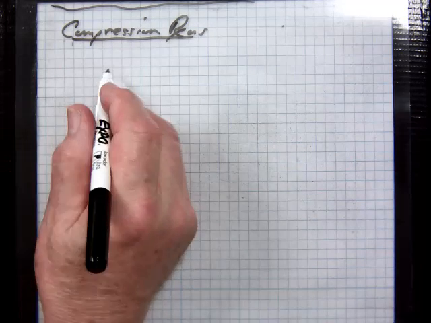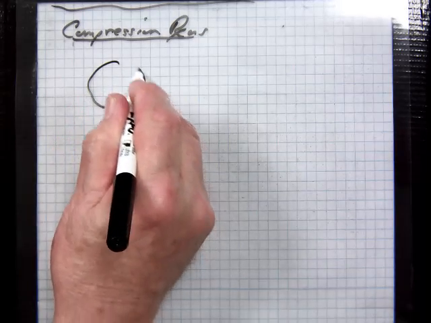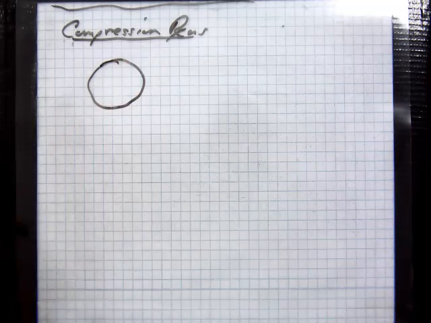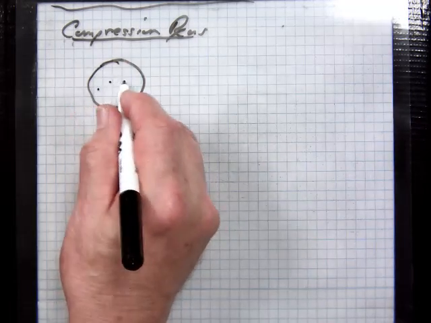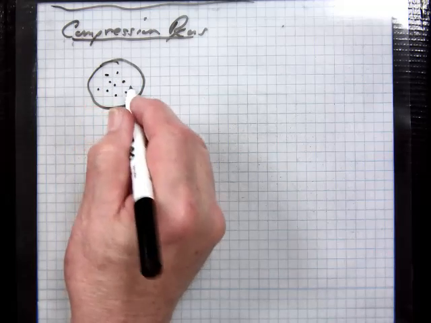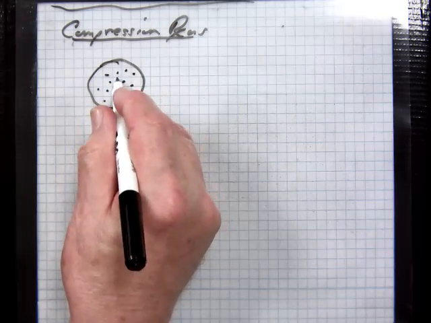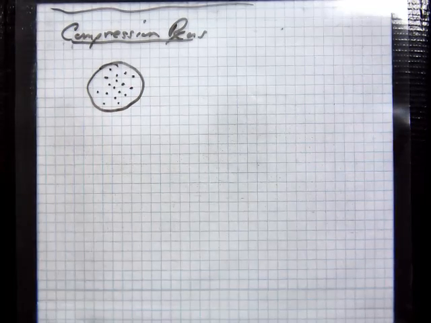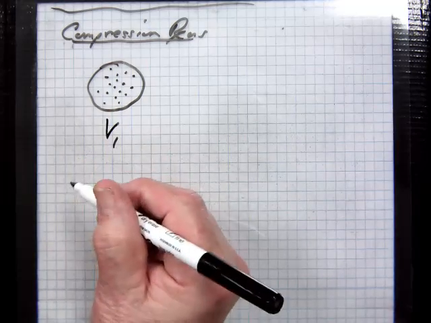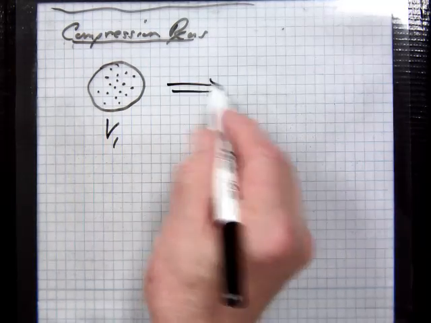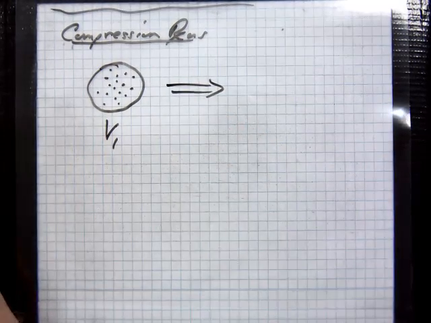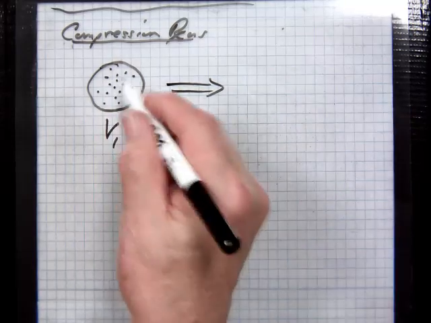If you think of the reaction in terms of a mixture of particles together, then the reactant side may be at this volume level, and you've got a number of particles, whatever they are, doesn't matter. Just a bunch of particles in there at volume 1. And if you compress, you're going to a smaller volume with the same number of particles.